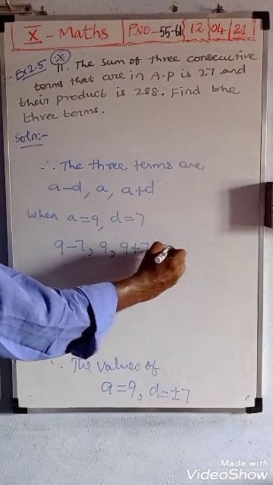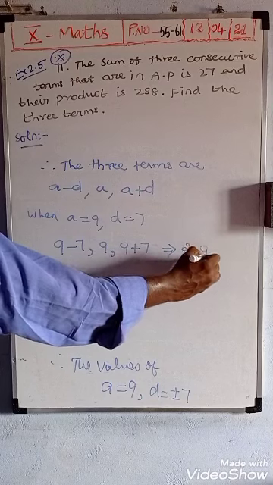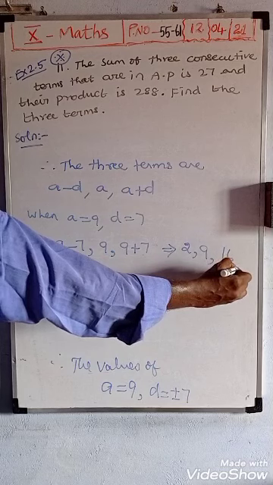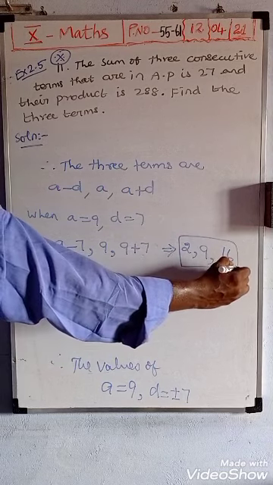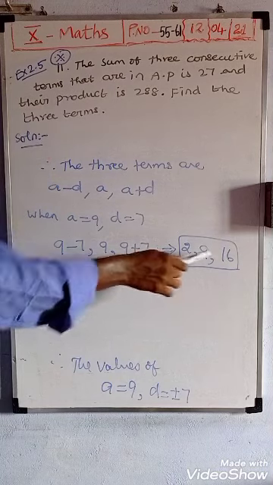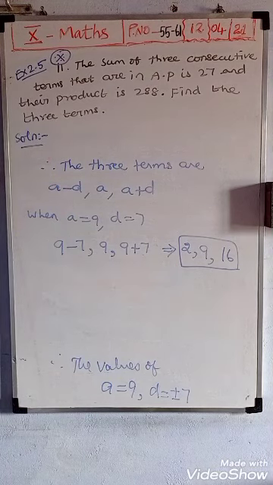So the answer is 2, 9, 16. You can check these three terms by adding these three values. The sum of the three consecutive terms of an AP is 27, and you will receive that answer.